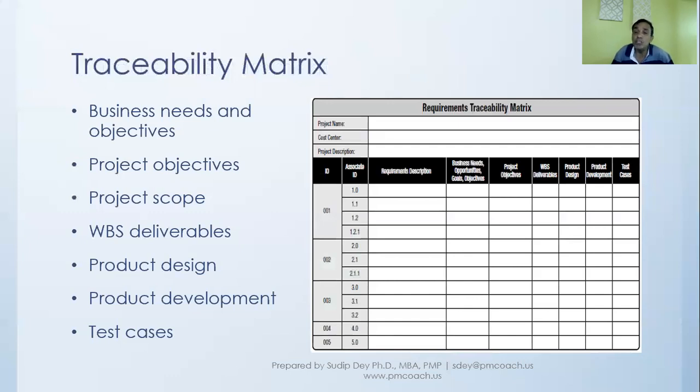Product development: which part is addressing this requirement? Test cases: which test cases will actually test this requirement? So when we do that, we are really ensuring that all the requirements we have identified will actually be delivered and addressed at each stage of the project.